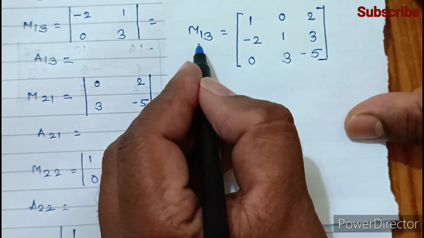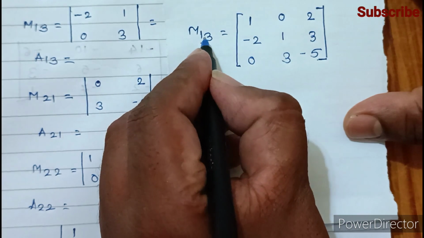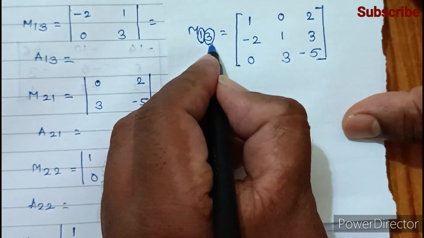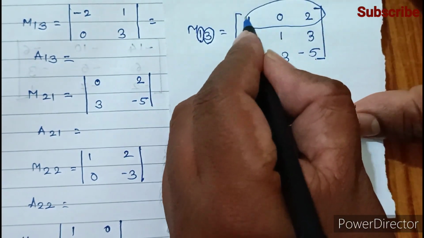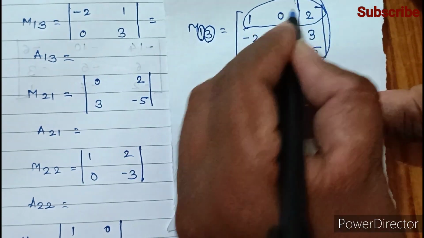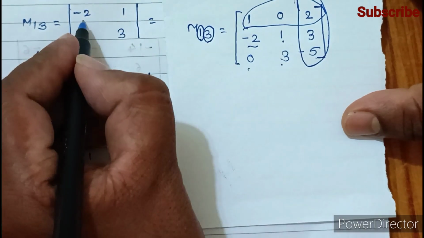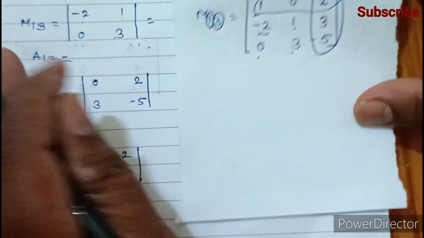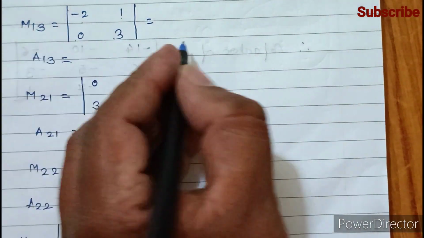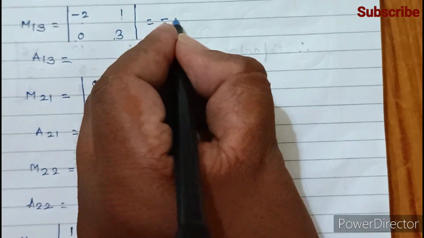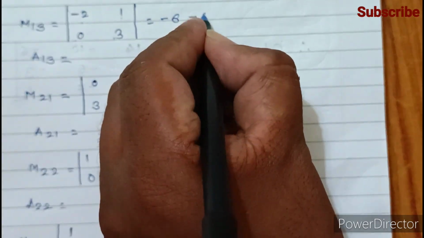Then finding M13, that is eliminating the first row and third column, eliminating this first row and this third column. The remaining elements are minus 2 1, 0 3. Therefore here minus 2 1, 0 3. Now on calculating minus 2 into 3, that is minus of 6, minus 1 into 0, 0.